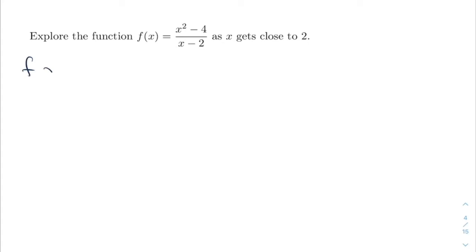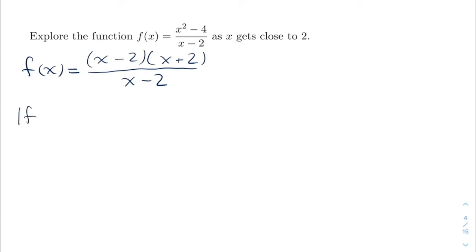First notice that the expression on top of the fraction can be factored. You would be tempted to go ahead and simplify these things. But the problem is that when x is equal to 2, that means that we're dividing by 0, and we cannot do that. But if we set that x is not equal to 2, then we can simplify these expressions.